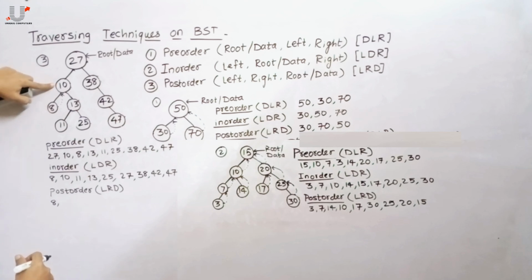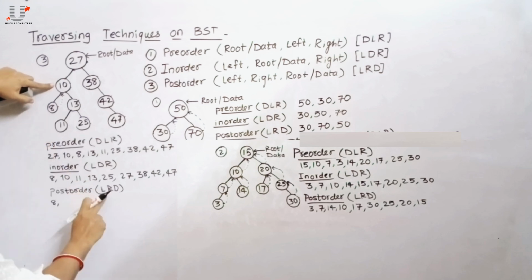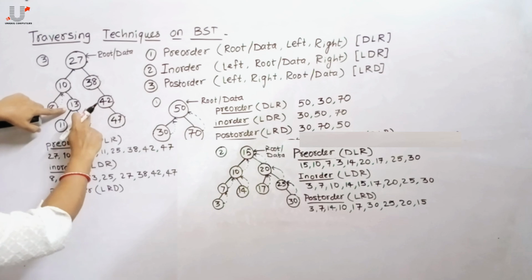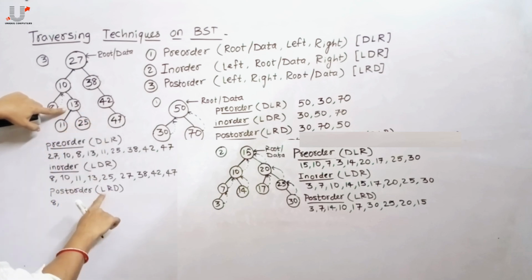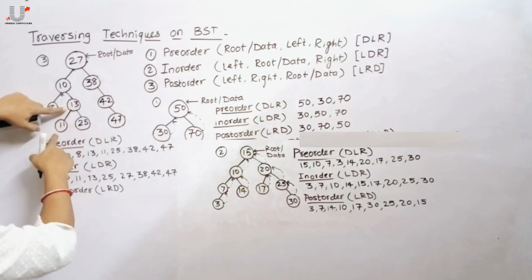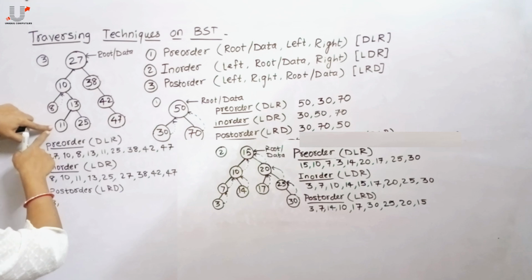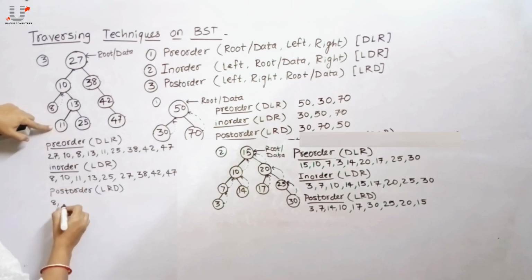Then for this 10, as the left side has already been processed and it has an unprocessed right child, the control will transfer to this 13, and on 13 again apply L. As a left child is there which is still unprocessed, apply LRD on this 11. As no left and right subtree is present for 11, 11 itself gets processed.